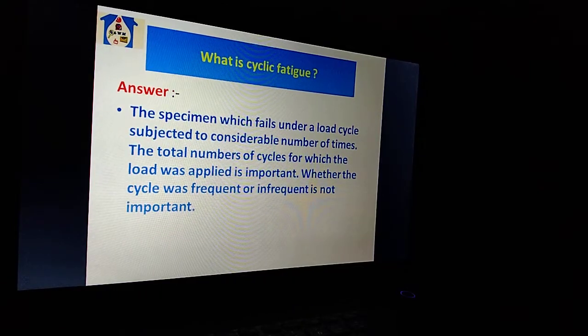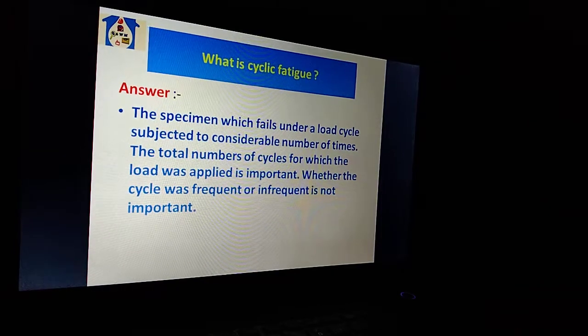What is cyclic fatigue? Answer: the specimen which fails under a load cycle applied a considerable number of times. The total number of cycles for which the load was applied is important. Whether the cycle was frequent or infrequent is not important.